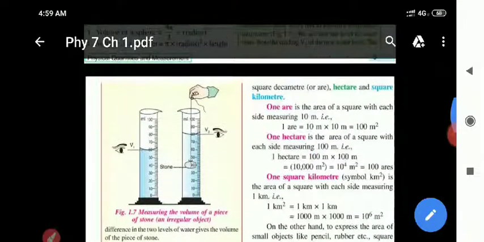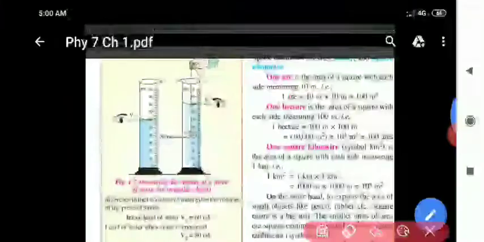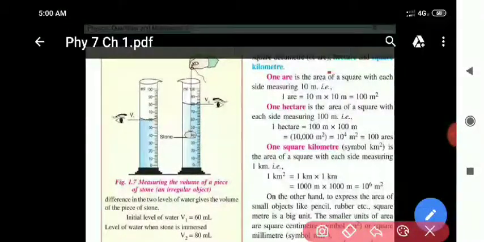See here, square decameter, hectare or square kilometers are used for measuring bigger things. Suppose there is a football ground or playground, then square meter is a smaller unit for that.